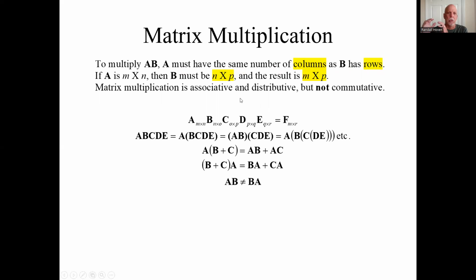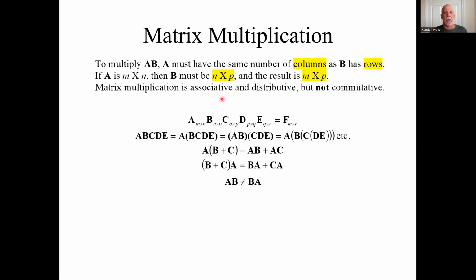There's a way to determine the size of the result. Let's say A is M by N, then B must be N by something else. These two inner numbers need to match. And the result will be the outer numbers.